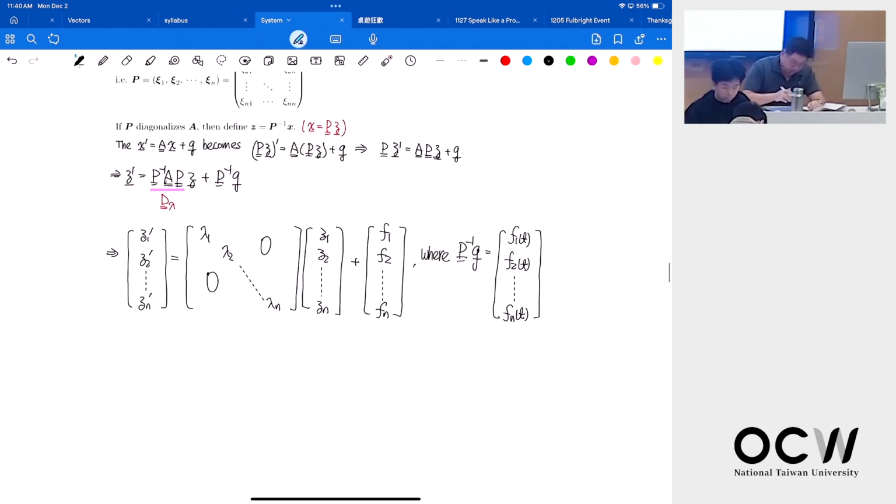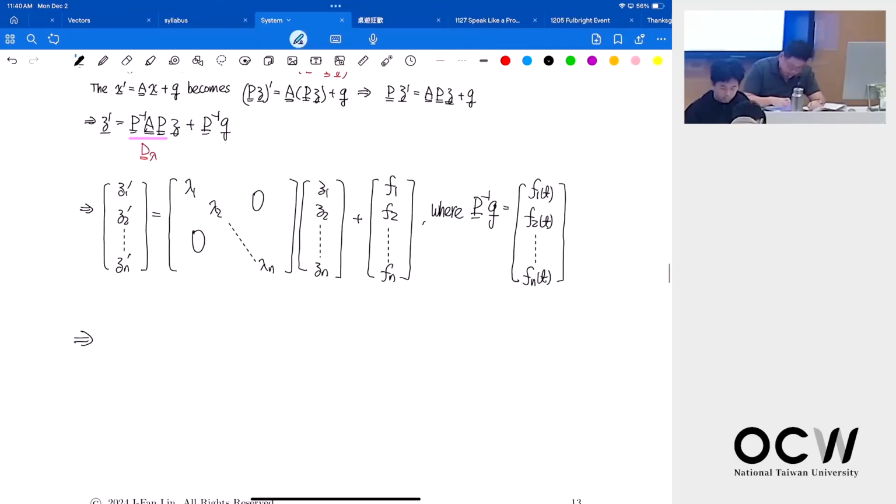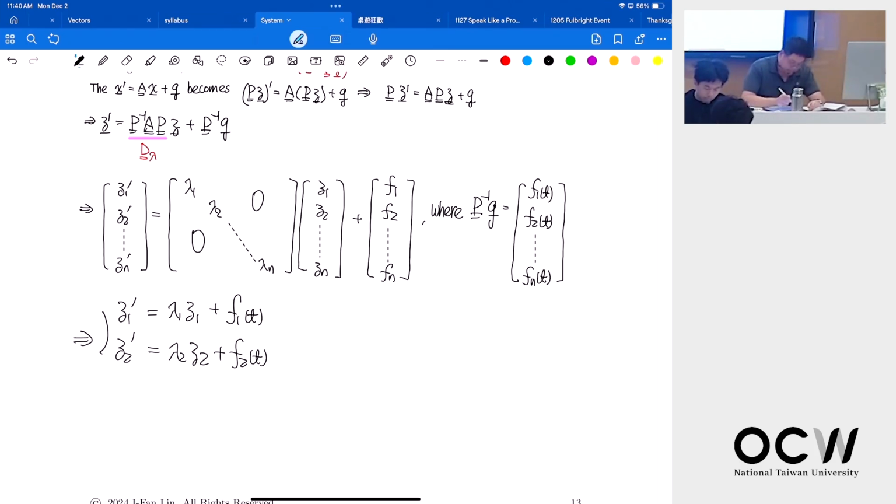You have z1 prime equals lambda 1 z1 plus F1. z2 prime equals lambda 2 z2 plus F2. And then you continue, to get zn prime equals lambda n zn plus Fn(t).